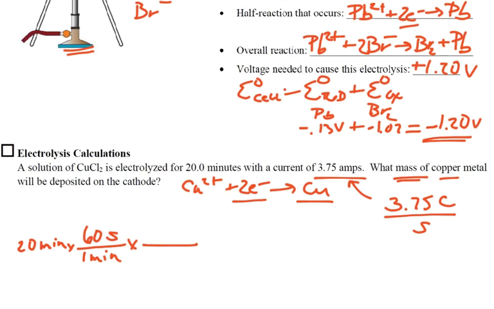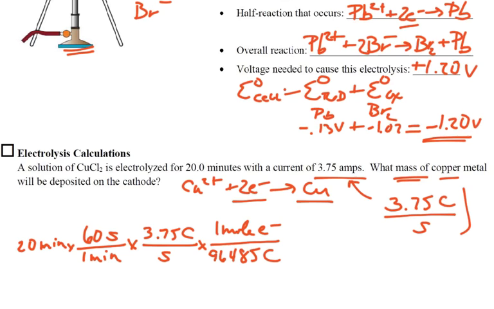And now we can use our conversion over here that every second in this current, 3.75 coulombs of charge run through our cell. And because of Faraday, we know that there's 96,485 coulombs in a mole of electrons.